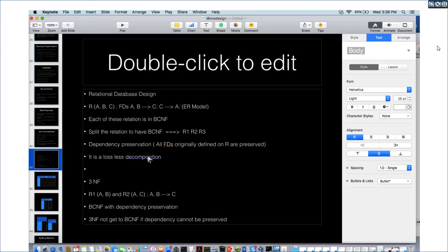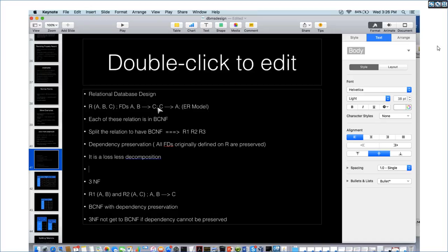So that is the reason why in this particular relation, if you're starting with this relation, you can easily see BCNF is not satisfied, but if you want to get to BCNF, any split will cause problems of dependency preservation. The AB to C cannot be preserved.